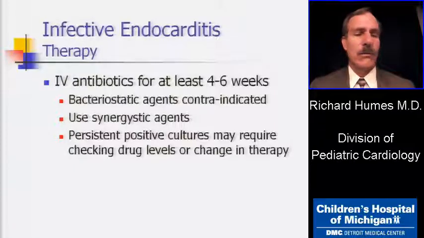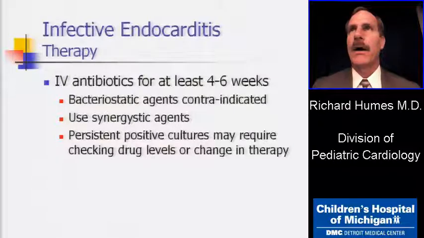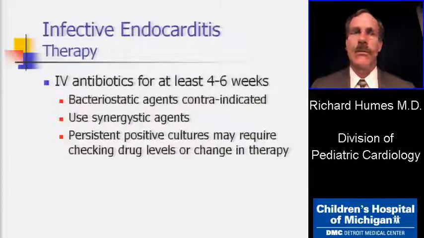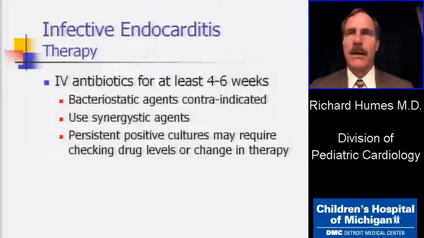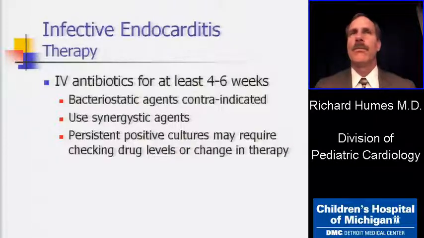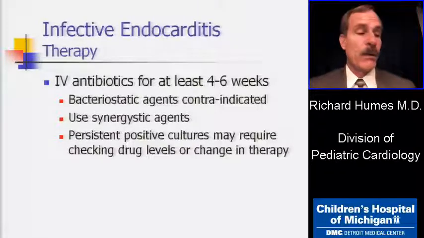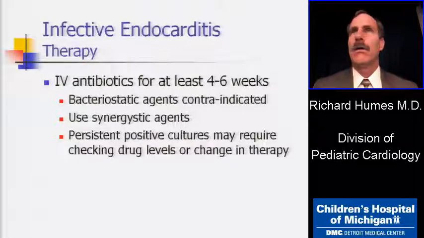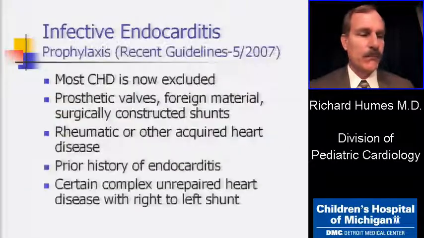Bacteriostatic agents are generally contraindicated. You want bactericidal agents, and you can use 2 antibiotics, but you want to use antibiotics which are synergistic in the treatment of that. And again, the treatment regimens are fairly well worked out. Persistent positive blood cultures may require looking hard at drug levels or changing therapy.